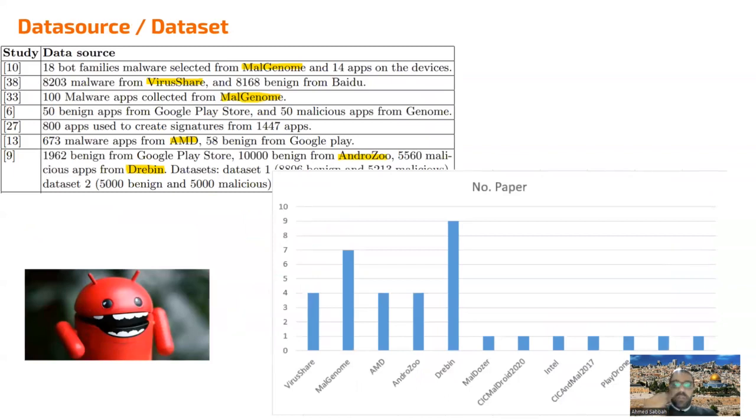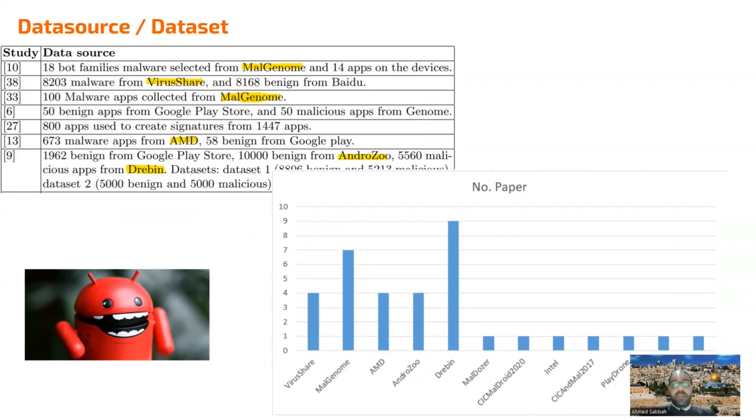Second, we will talk about the data sources or datasets used in the literature. As the figure shows, the Drebin dataset is the most used dataset containing malware applications.